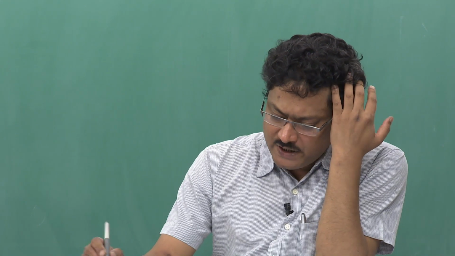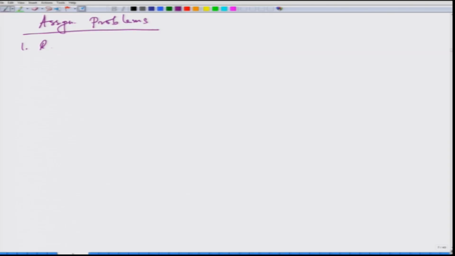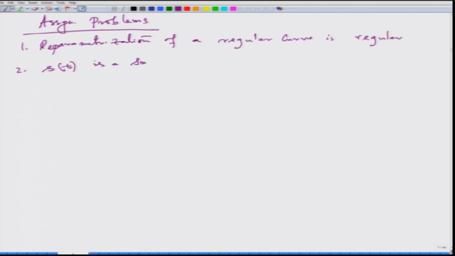So, assignment problems. I just make some simple observations. First, reparameterization of a regular curve, we have defined regular curve, is always regular. Next, arc length is a smooth function of t.